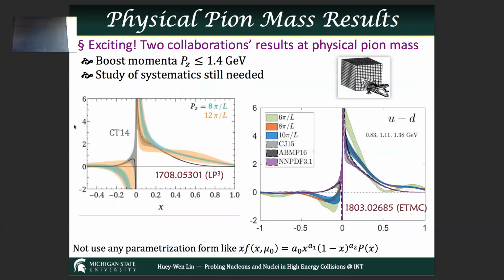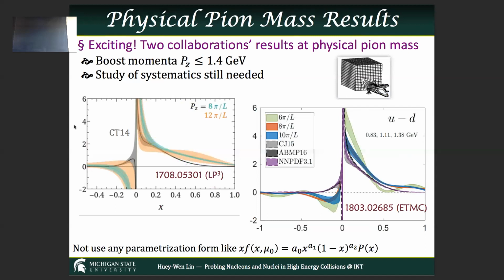Our earlier result last summer and the earlier ETMC result, again, we only look at the isovector combinations, and the largest momentum we use is still small. So you can see quite a bit of discrepancy, and especially in our comparison, we see the C-quark is quite sensitive to the momentum distributions.